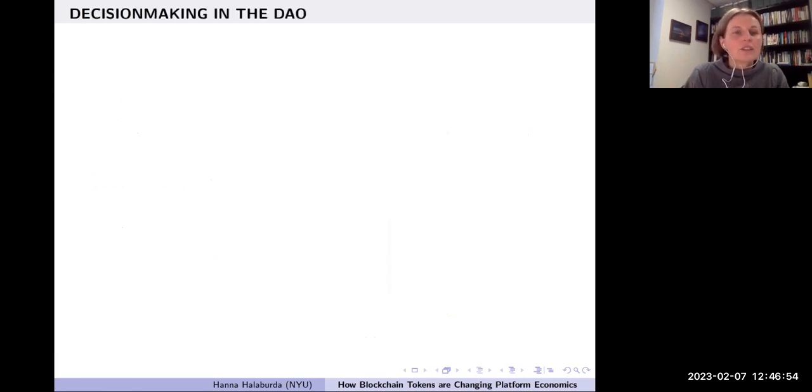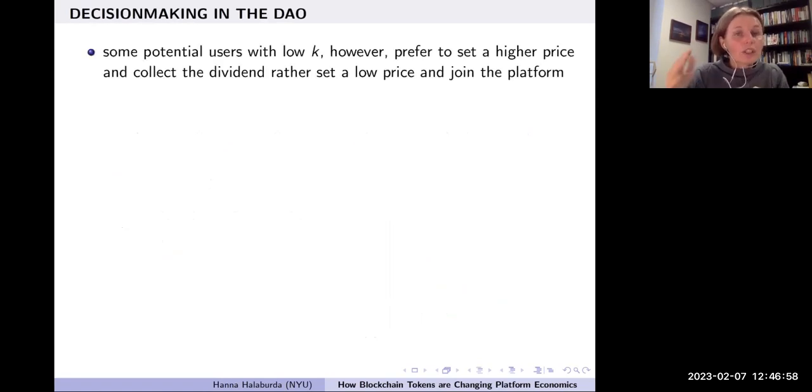Okay? So first, let's notice that some of the potential users with really low utility of joining the platform will actually prefer to vote for a high price and collect higher dividends rather than set a low price and join the platform.